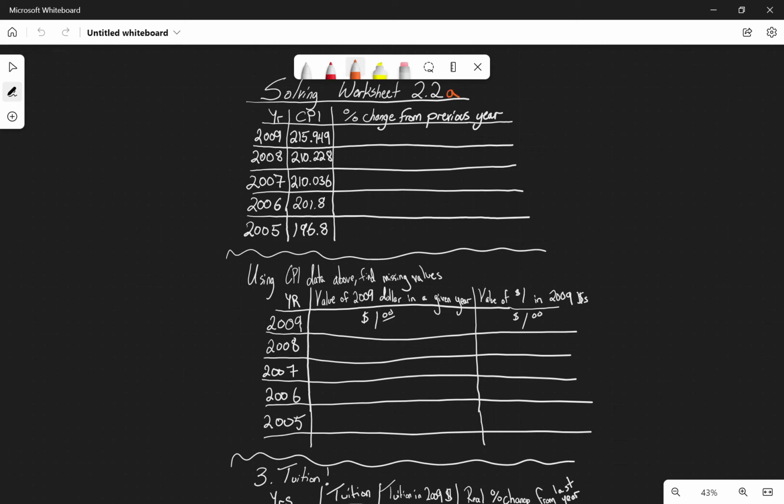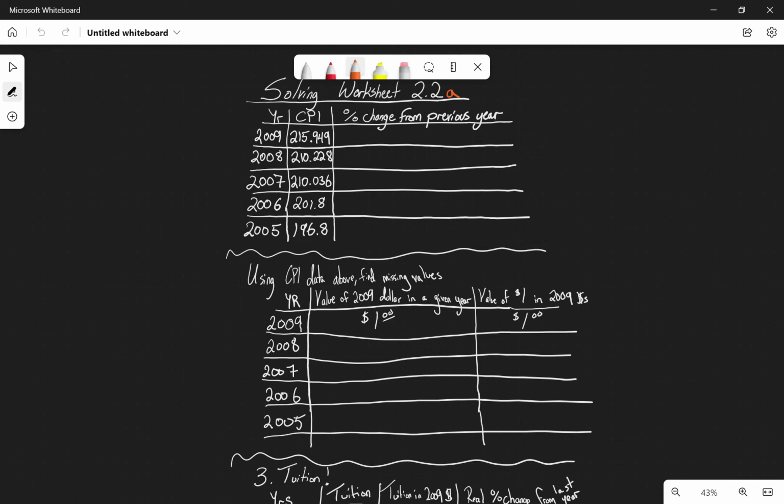So the first part of the problem lists a bunch of different CPIs, consumer price indices, for the years between 2005 and 2009. And we are first asked, what is the percentage change from the previous year? So let's go ahead and zoom in a little bit so we can show some of our work.